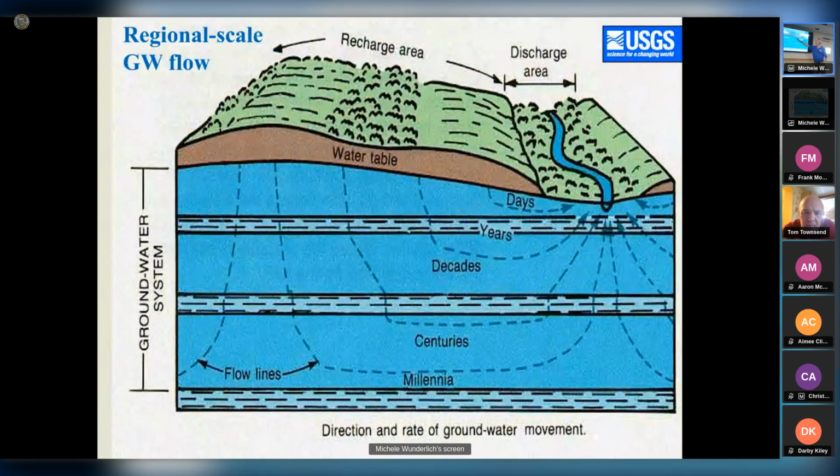So this pattern of groundwater flow, water can flow through these confining units, but it takes a long time. So over long periods, they are somewhat permeable, but water moves very slowly through those. But you can see that the stream is the low point here.